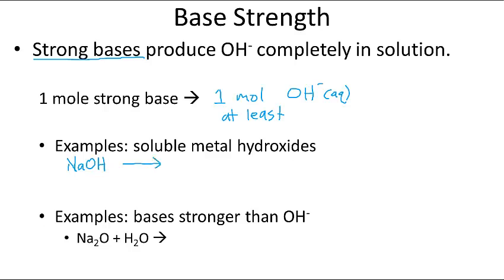You put it in water and it makes Na plus and OH minus. Right? So that's your typical example of a strong base is going to be something that already has OH minus in it. KOH would be another example.